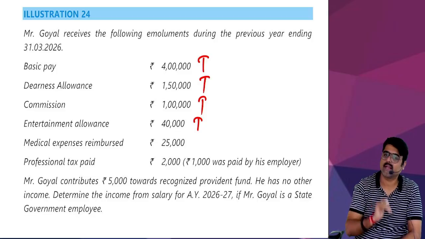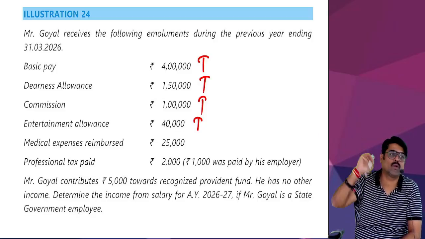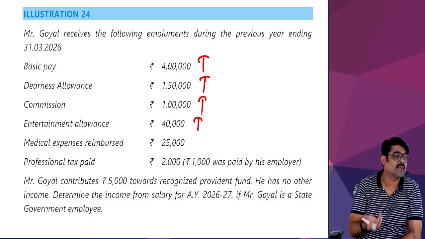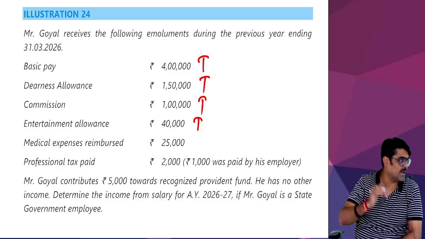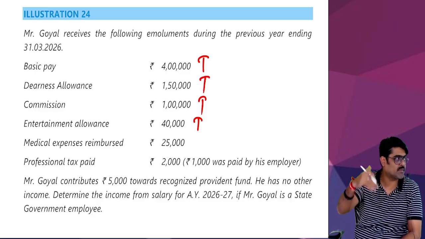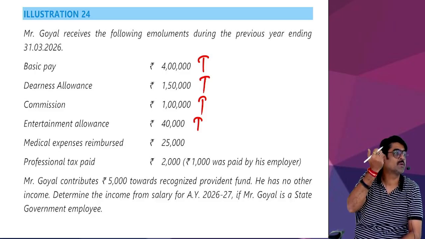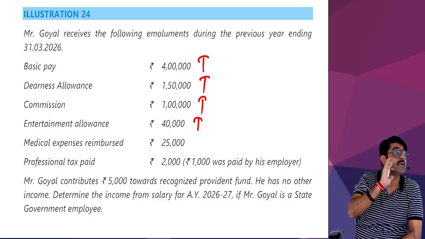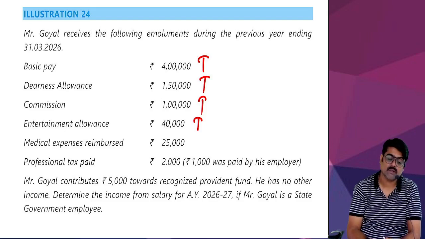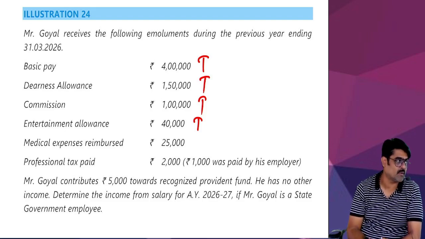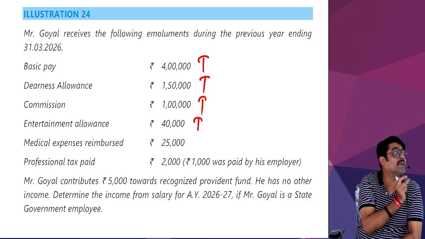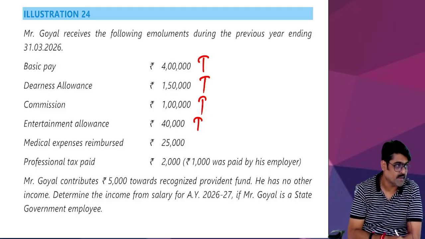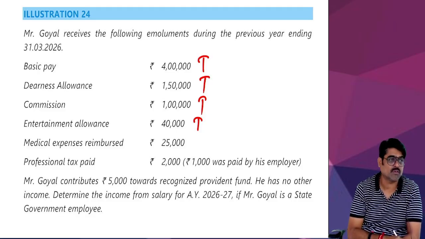So if you are earning any income and that income is not going into your total income, that is exemption. But if some income is going into the computation of total income, and out of that income some amount is reduced, that is known as deduction. So first you will include entertainment allowance and then you will exclude it, meaning it is a deduction. Yes or no?